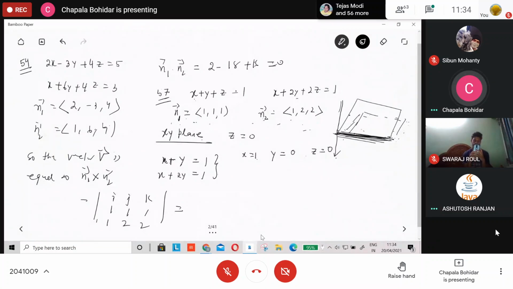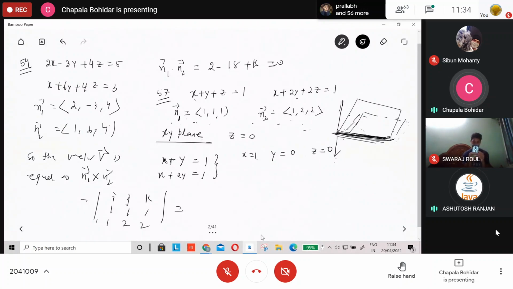My aim is to write down the equation of the line, the parametric equation. We need the vector which is parallel to the line. At this intersection, the line is perpendicular to the normals and parallel to this vector.